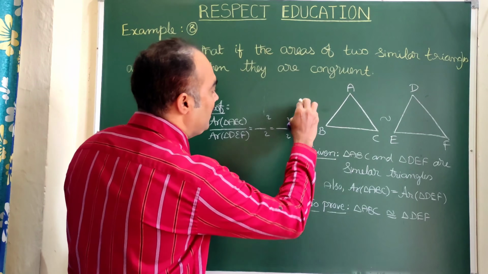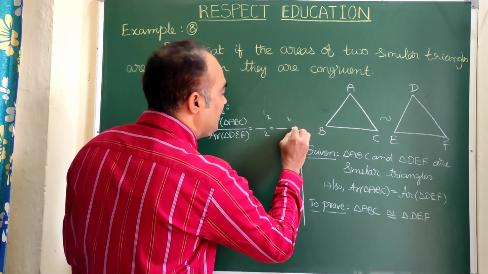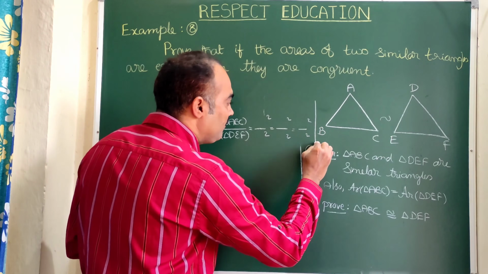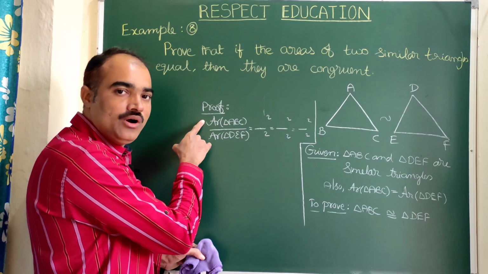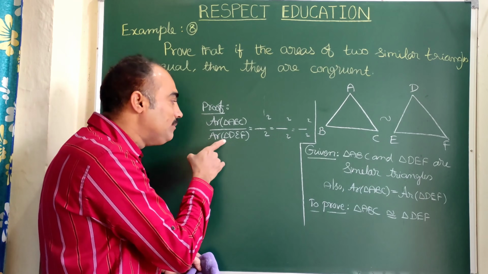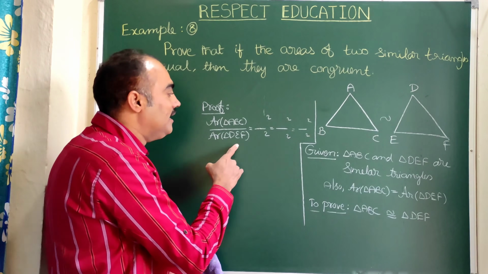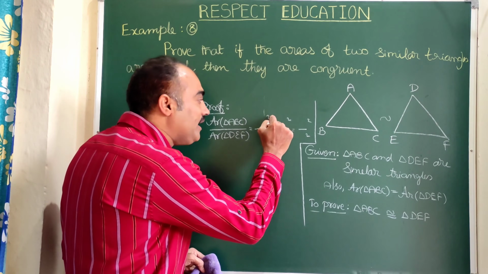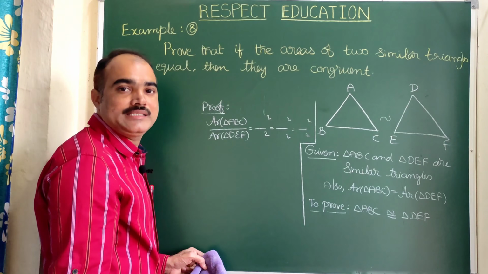I repeat, the ratio of areas of two similar triangles is equal to the ratio of squares of their corresponding sides.